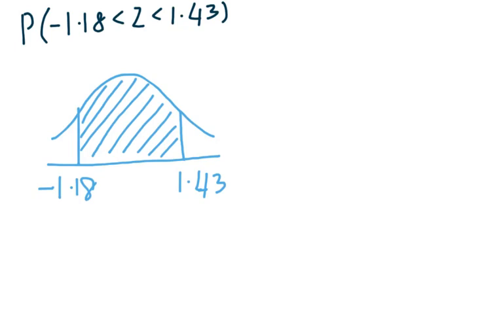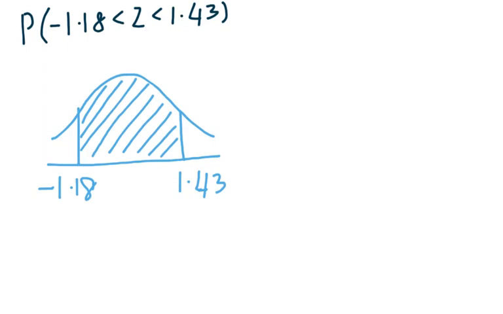Whenever we have the middle area, or lies between two values, the probability that we want to find is always the probability of Z less than the higher Z score, minus the probability of Z less than the lower Z score.